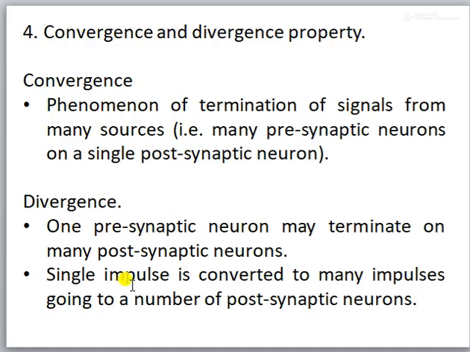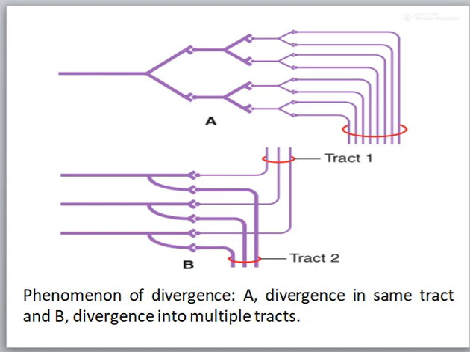Now divergence. In this one presynaptic neuron terminates on many postsynaptic neurons. It means a single impulse is converted to many impulses and goes to a number of postsynaptic neurons. In this, divergence is shown. A single presynaptic neuron terminates on many postsynaptic neurons, as you can see.